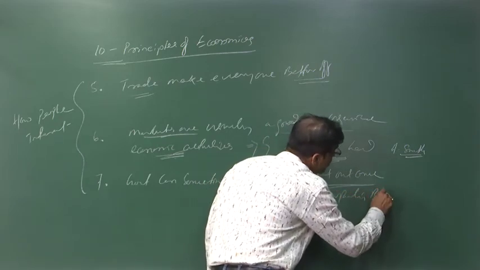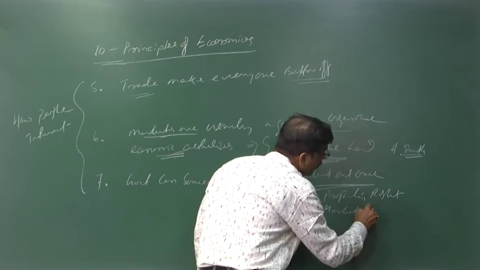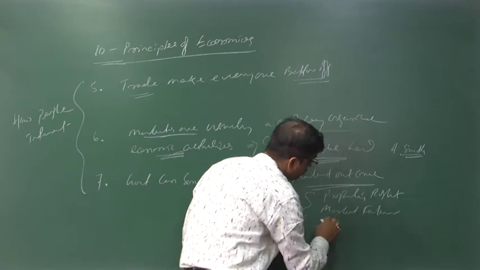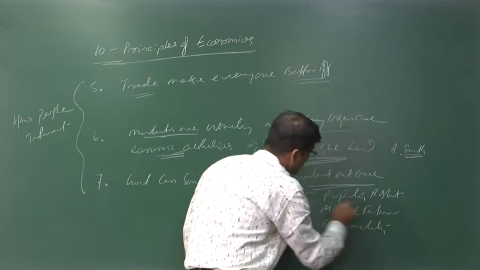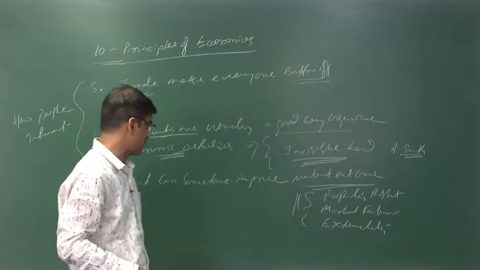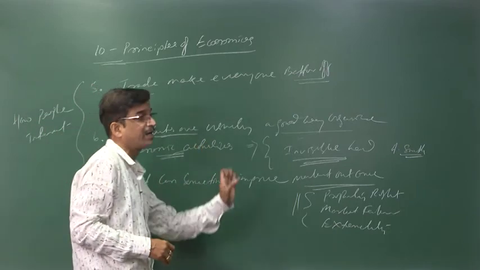These are some examples of this concept. This principle considers that the government can sometimes improve the market outcomes.